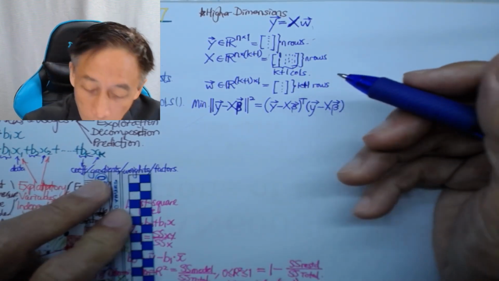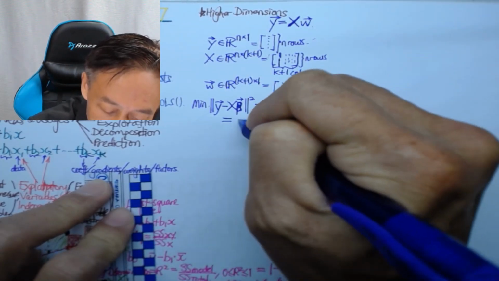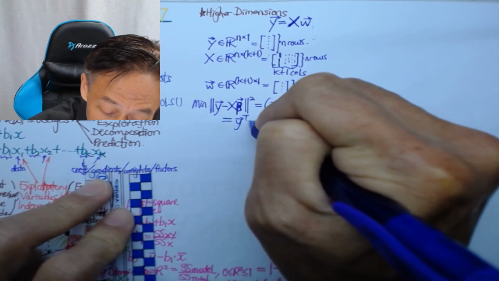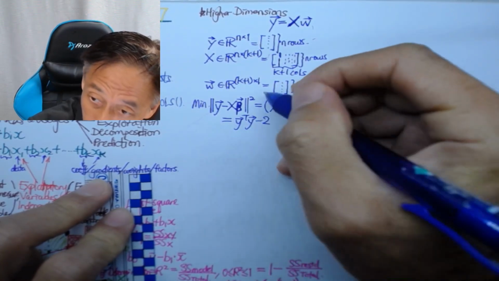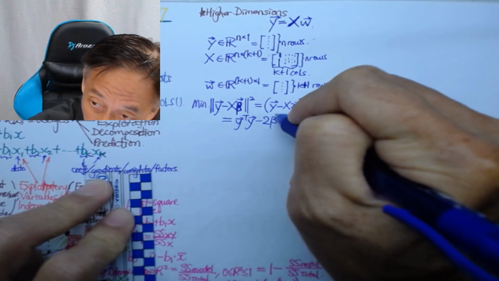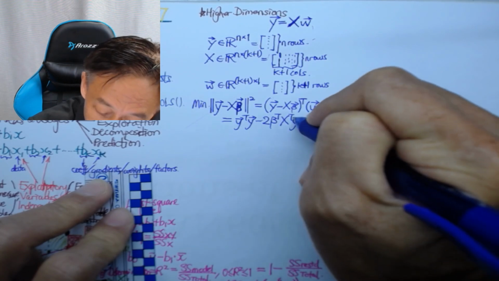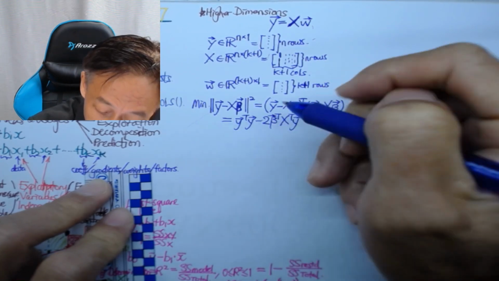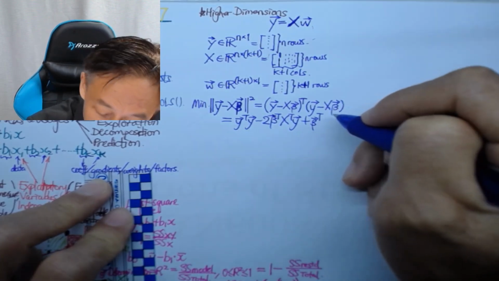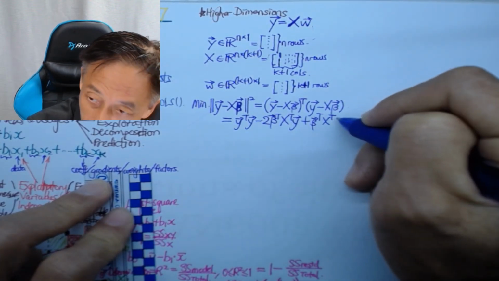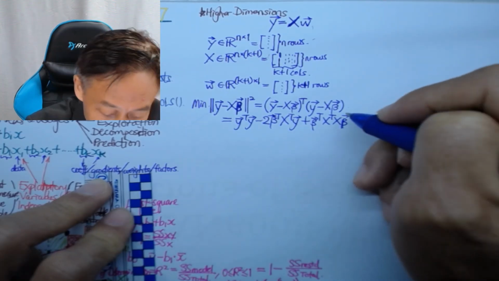So to expand it out, we will get y transpose y minus, for the sake of brevity, I will just write them out, plus the beta vector transposed. All the transposes are there to make the vector matrix products work nicely, that's all.